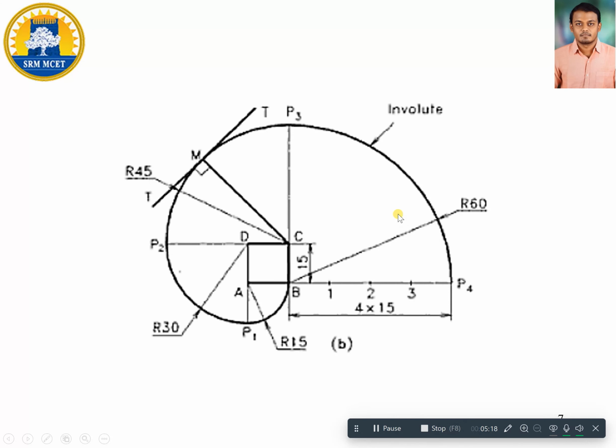So I am going to draw one square for a dimension equal to 15 mm. You can draw this using your template. If you are having a template, there will be 4 points which are exactly at a length equal to 15 mm. If you mark 4 points, then you can remove the template and join all these 4 points using a scale and pencil.